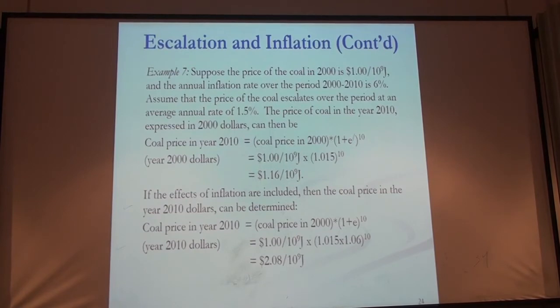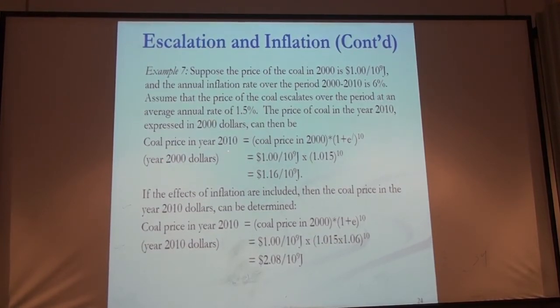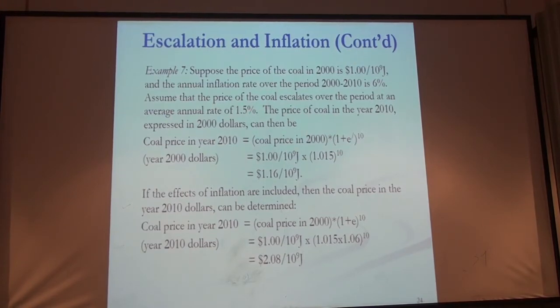Here the concept of constant dollar and current dollar is given. The constant dollar is based on some constant year, and we can compare prices according to that year. Current prices take into account the inflationary effects. So the coal price in year 2010, expressed in constant year 2000 dollars, has risen only 16% because of the 1.5% real escalation.